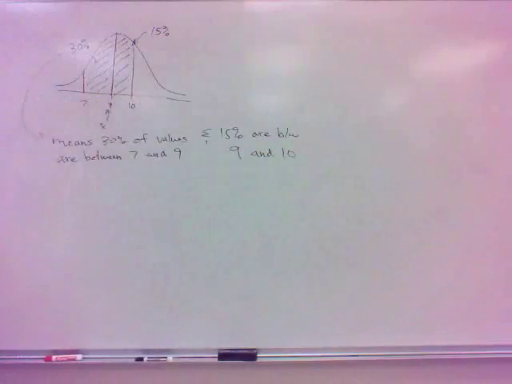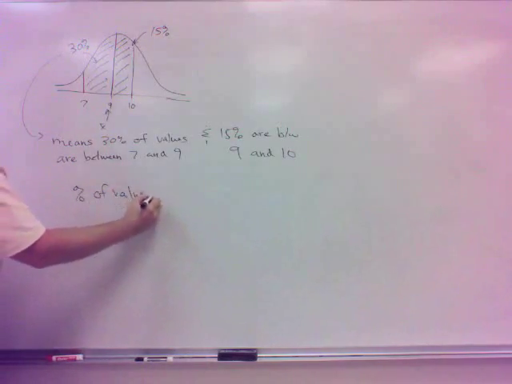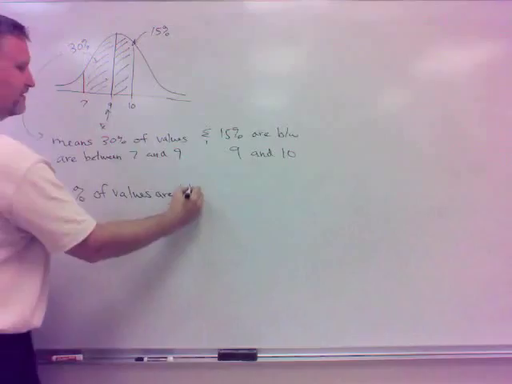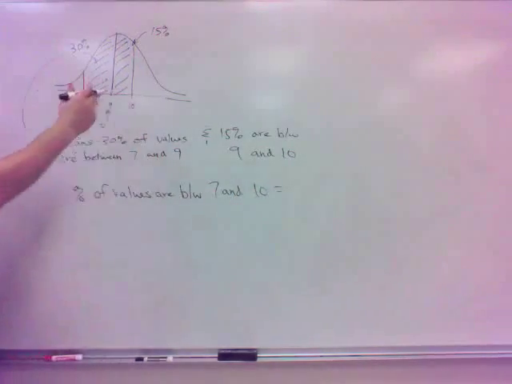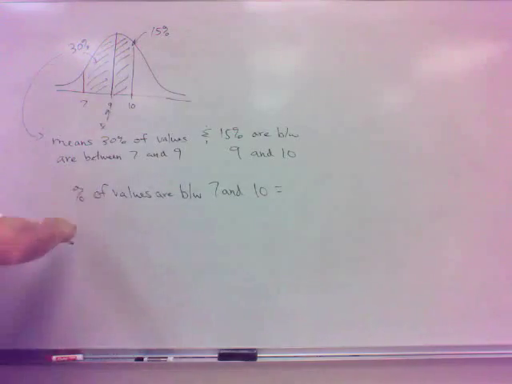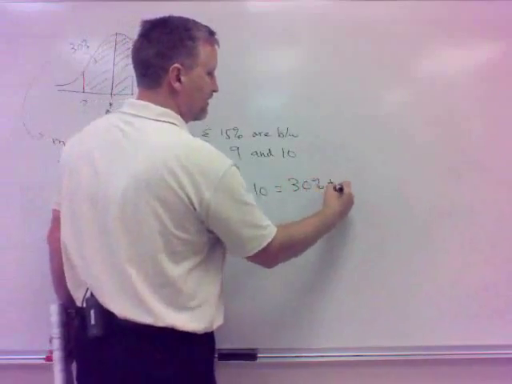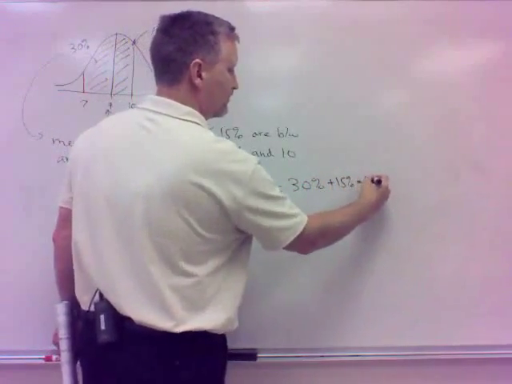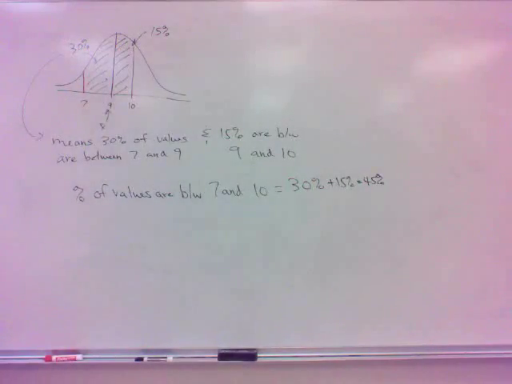So if I were to ask you what percentage of values are between 7 and 10, what would you tell me? Add them up, yeah. Since I know 7 to 9 is 30%, and I know 9 to 10 is 15%, wouldn't the percentage of values between 7 and 10 be 30 and 15 added together? So that's kind of the idea we're going at here when we're doing these problems. With a few twists, of course.